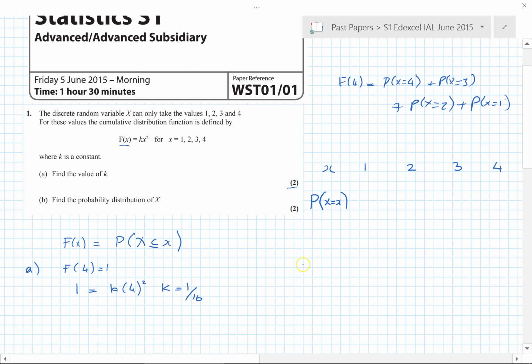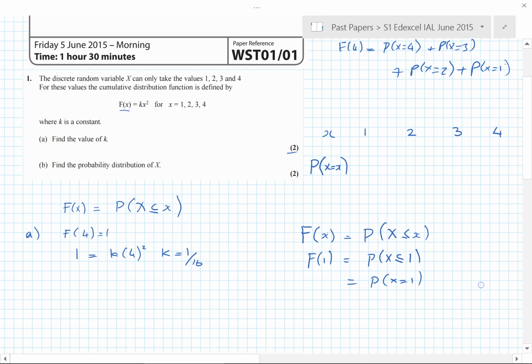As I said, it's cumulative, so F(x) is equal to the probability that big X is less than or equal to little x. So F(1) is the probability that X is less than or equal to 1. In this context, that's the same as the probability of it being equal to 1, because it can't be any less than 1.